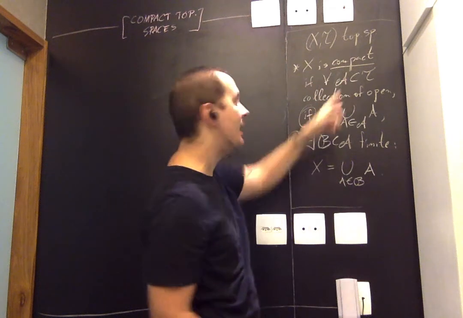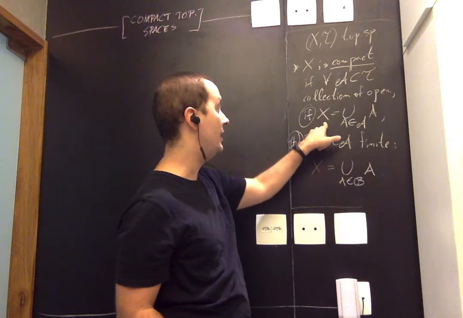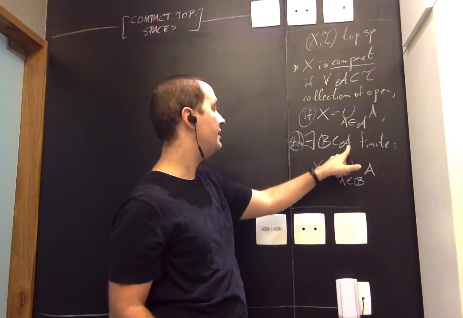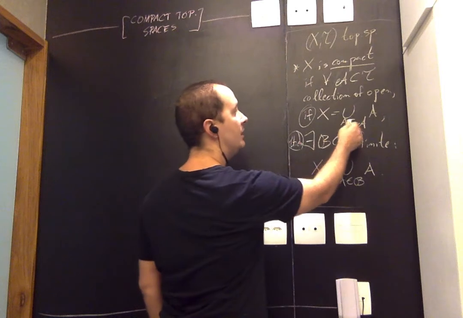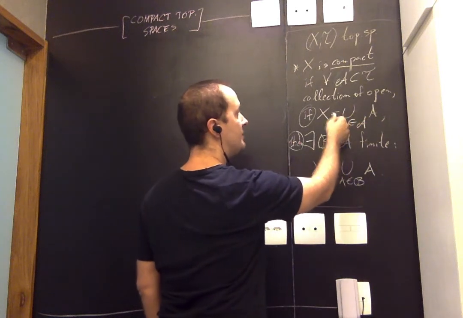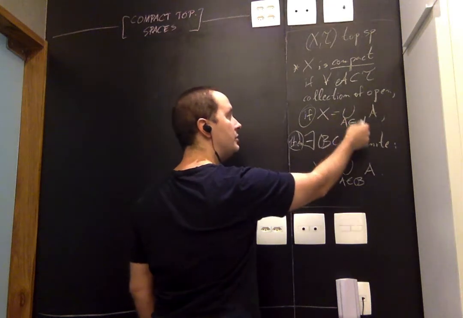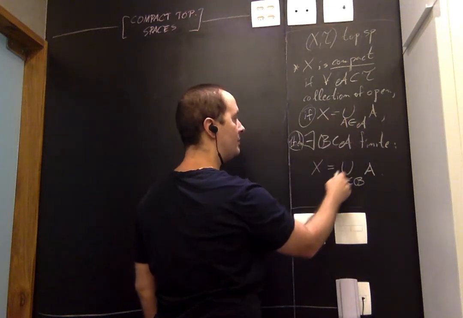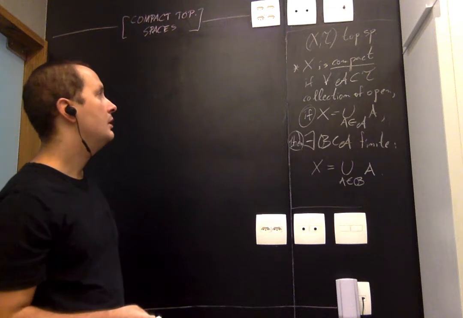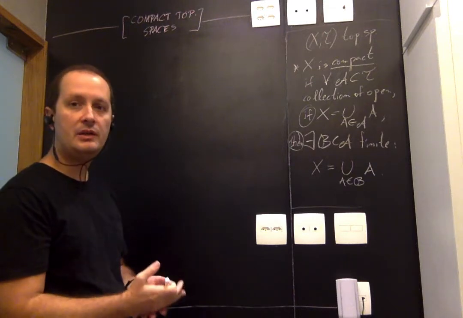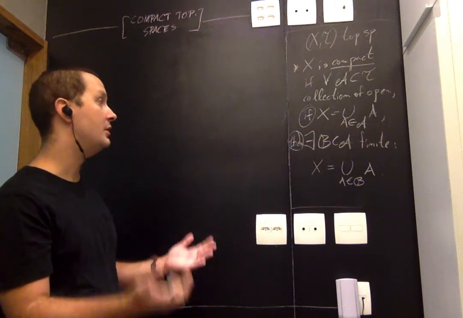X is said to be compact if for any collection of open sets that covers X, there exists a finite subcollection that also covers X. By covering, I think it's clear what I mean: the union of these open sets is equal to X. So if you have any collection of open sets whose union is equal to X, there is a finite subcollection that also covers X. So this is a definition that says what it means for a whole space, a whole set X, to be compact.